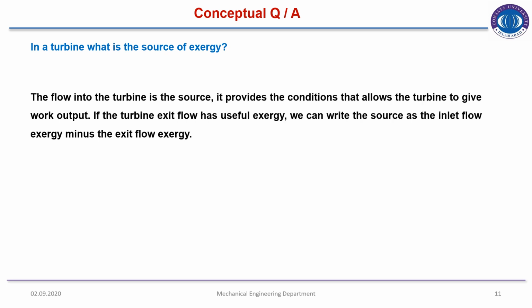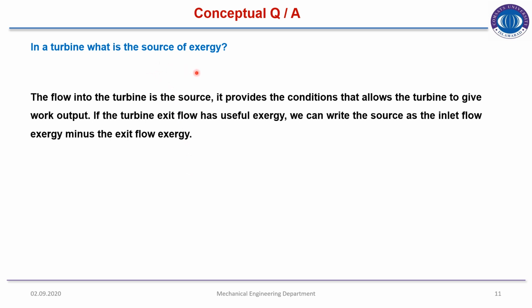In a turbine, what is the source of exergy? The flow into the turbine is the source of exergy. The working fluid that is entering the turbine provides the source of exergy or available energy. If the fluid exiting the turbine also contains some amount of exergy, then the net exergy will be the difference between the exergy entering and leaving the system.